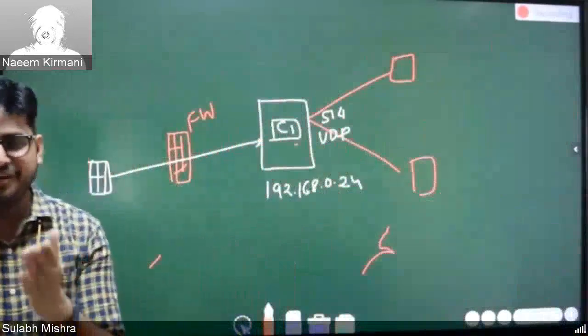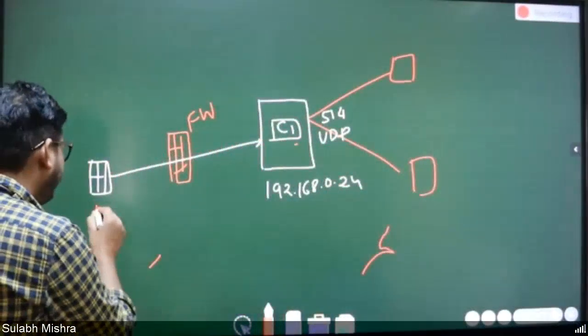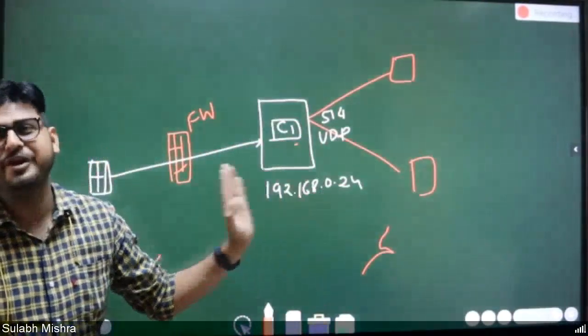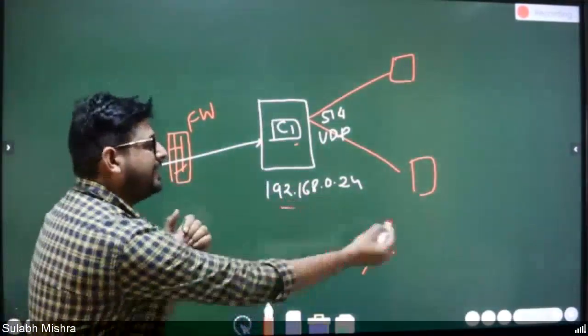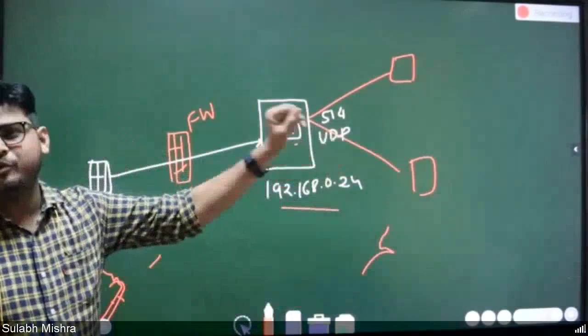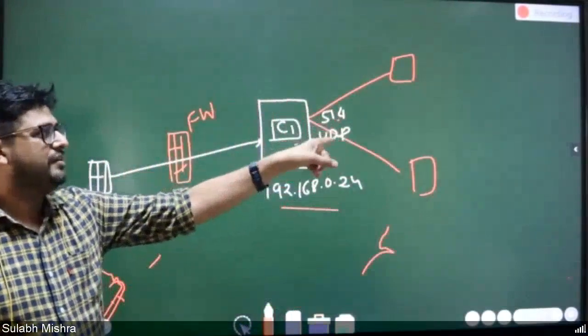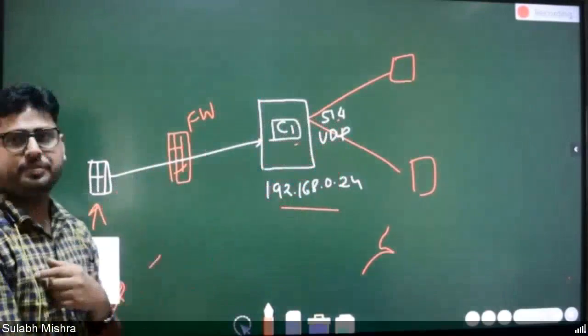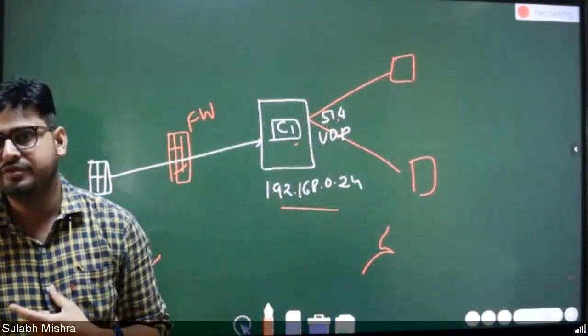Now we have to log in on the end device and configure the IP address of the connector where to forward the logs, as well as the port number and protocol. If you have the connector on UDP 514, then you have to configure UDP and 514.